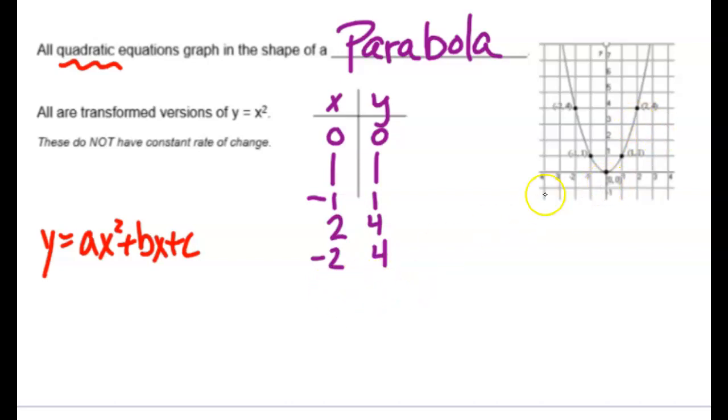Everybody good? Okay. So when you put them into this equation, you will always get this shape. Now, when we start stretching and flipping and shifting, that shape can look very different.